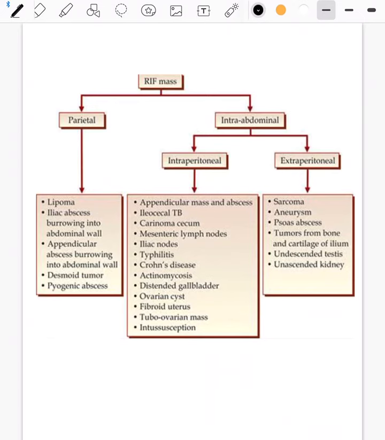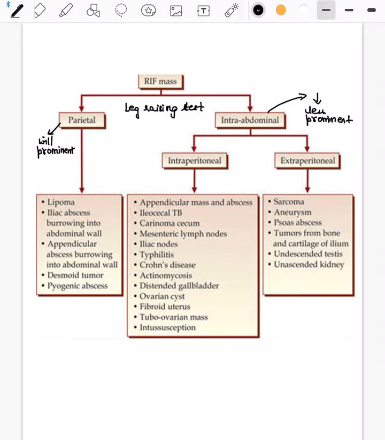First, in order to differentiate between parietal and intra-abdominal mass, you do the leg raising test of Carnett, also known as the test of Carnett. How does a parietal mass behave? It becomes more prominent on raising the leg. And how does an intra-abdominal mass behave? It becomes less prominent. This is how you differentiate between parietal and intra-abdominal mass.